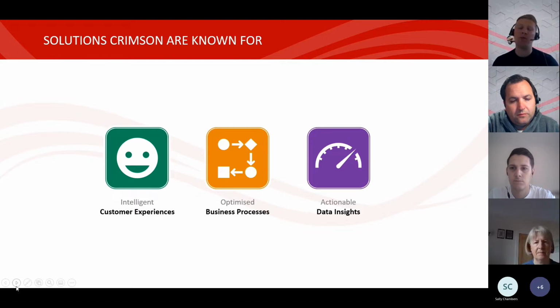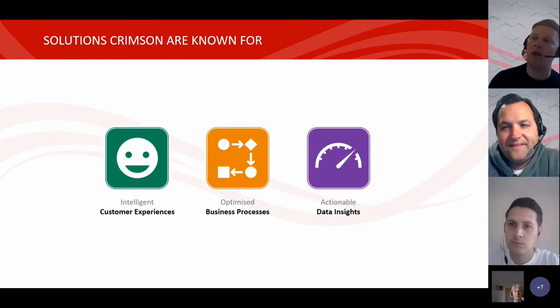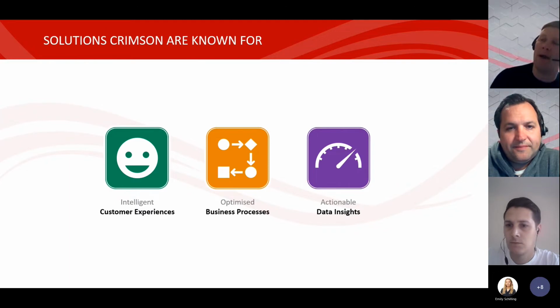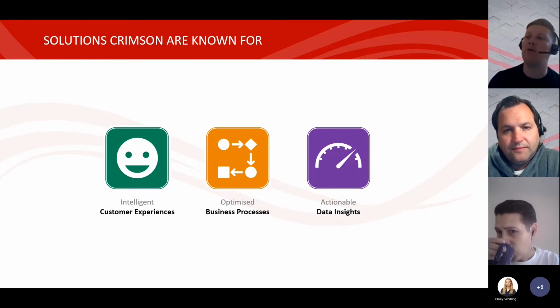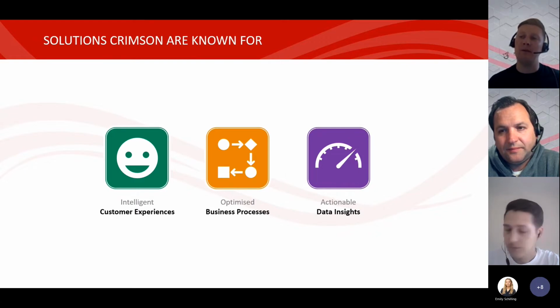We also focus on optimizing business processes, so using the Microsoft technology to automate your colleagues, moving through to actionable data insights, and leveraging capabilities like Power BI, as well as AI Builder and other Microsoft capabilities to allow you to do more with the data.